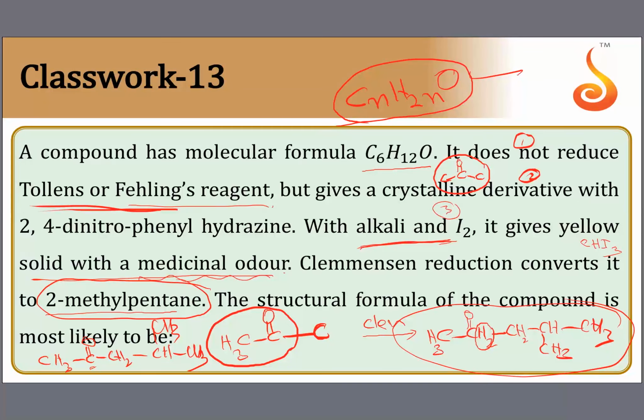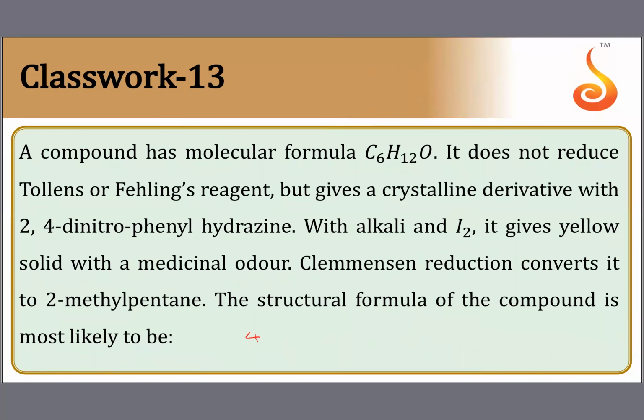Because of the Clemmensen reduction, double bond O is removed and 2 hydrogens are added, then we can get 2-methylpentane. So based on the hints, we can expect the product. So what is the answer? 4-methyl 2-butanone, 4-methylbutan-2-one is the product.